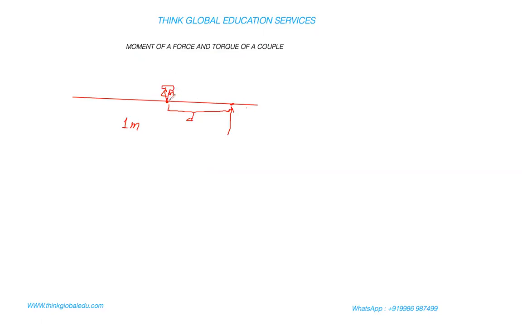I can fix the center of mass, and if I apply the force at a distance of d from the center of mass, then I can expect the ruler to turn in this direction. So it is going to turn anti-clockwise.